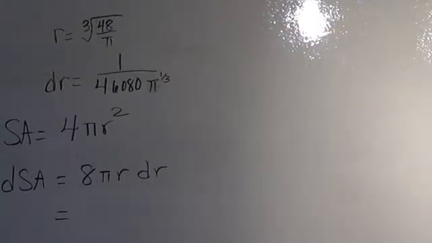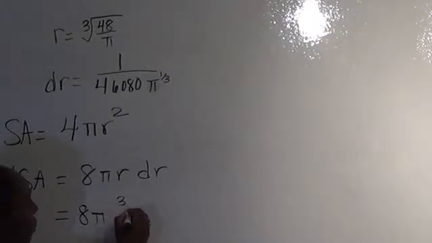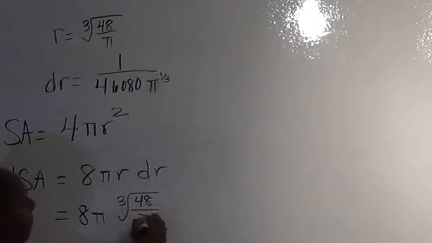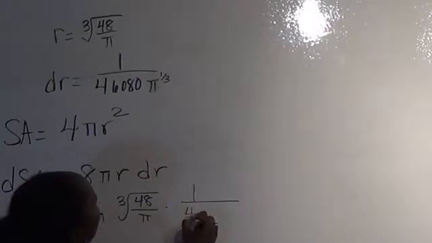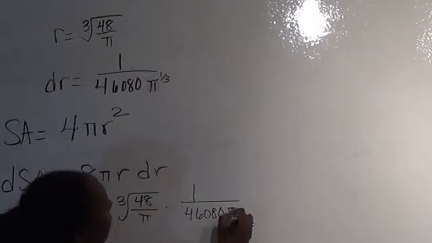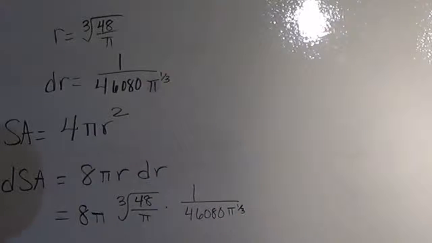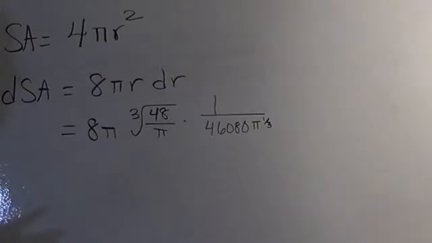So our differential for the surface area is going to be 8 pi times the cubed root of 48 over pi times our 1 over 46,080 pi to the 1/3. Now again, we can clean some things up. Some things will cancel out.